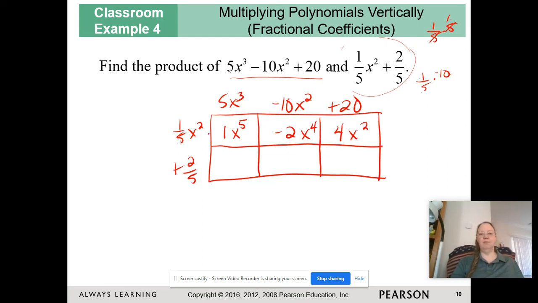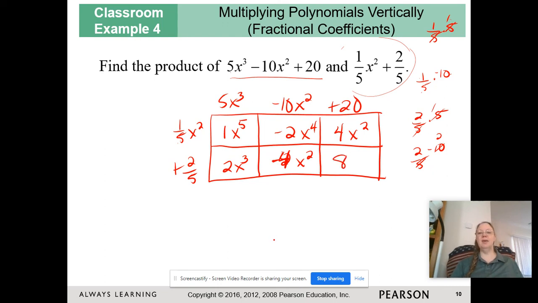Same idea. Divide by the bottom, multiply the top. And, oops, that's 4. Sorry. Divide by the bottom, we get 4, times the top is 8.